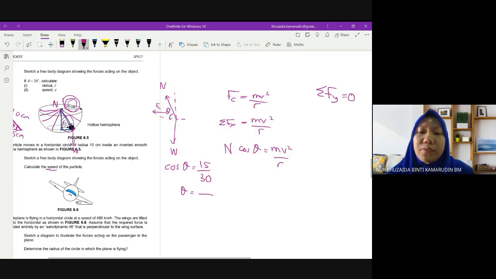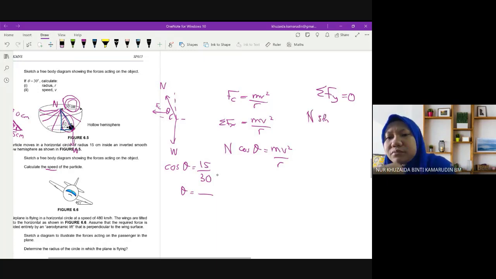So we have summation of Fy equals 0 because we know the particle over here tak bergerak atas dan bawah. And we have the direction of centripetal force in x component. So what we have in y component is N sin theta, yang ni kita resolvekan, minus W equals 0. So N equals mg, saya convert terus W tadi, divided by sin theta.